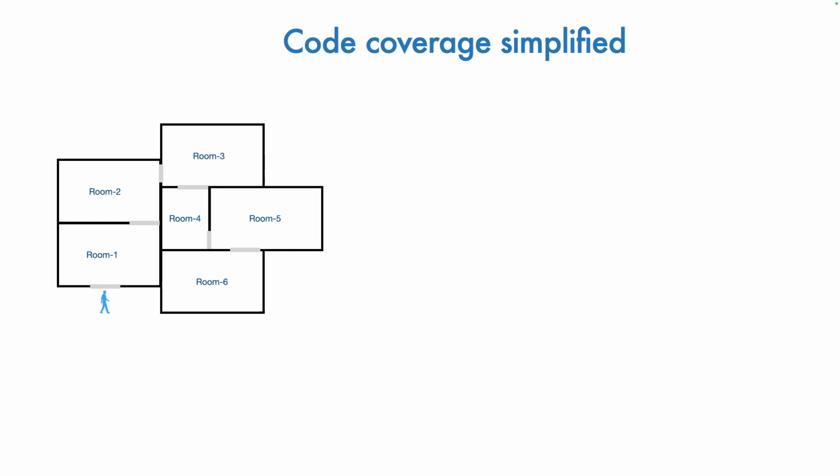You are in a way trying to see whether the person is visiting all the parts of the museum rooms so that nothing is left out. That's what you are trying to measure when you say that you are trying to measure the code coverage. Now, how does Jacoco go about it? What it does is it instruments your bytecode so that it can understand where the execution is going.